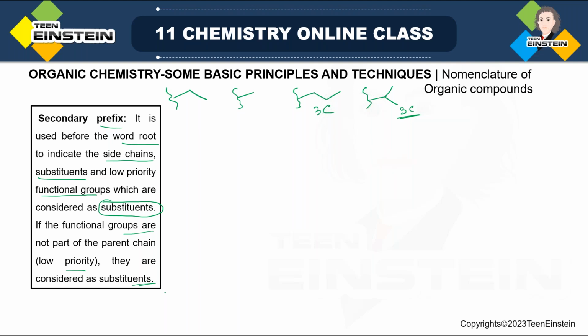So there are some special cases. Okay. So in that case, it will be treated as substituents. Only when it is part of the parent chain will it be treated as the main functional group. But sometimes it may not be part of the parent chain, and mostly in cyclic compounds, but in some cases it may be acyclic also.